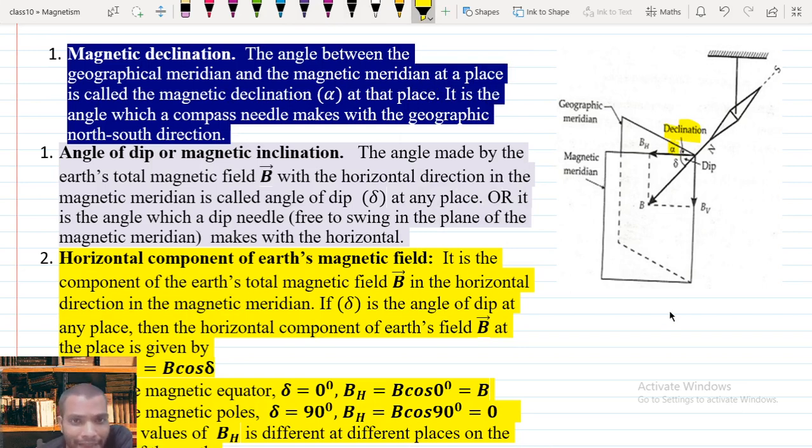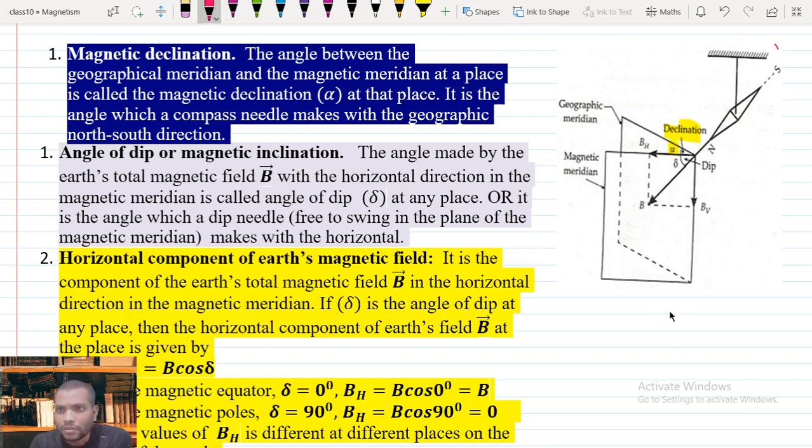The second one is the dip angle. The dip angle is defined as the angle made by the Earth's total magnetic field with the horizontal direction in the magnetic meridian, called the angle of dip. For that we need a dip circle or dip needle.